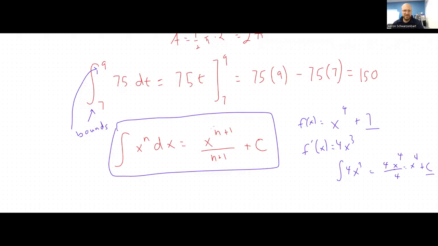So, doing a definite integral via your calculator. I'm going to jump over and share my screen, and we're going to go to the calculator app. I just go to a regular calculator screen. I'm going to do the following integrals.